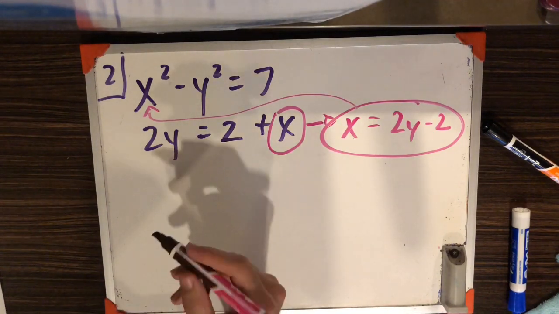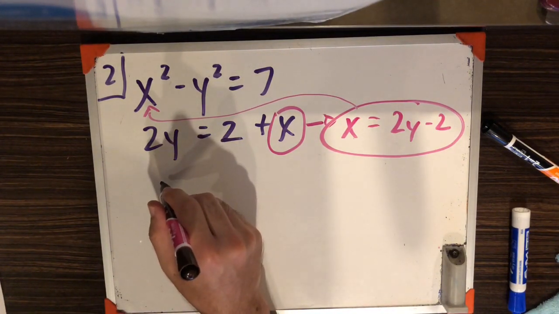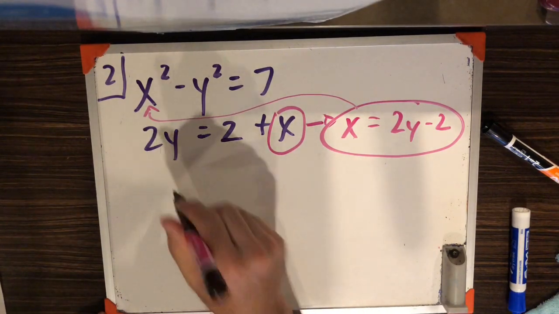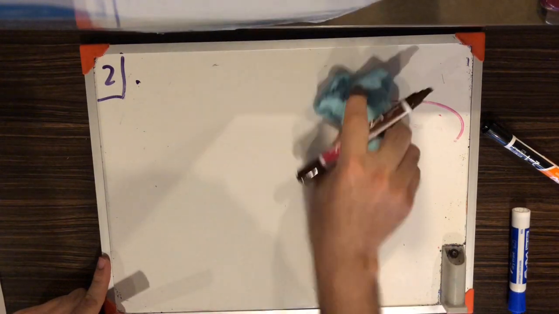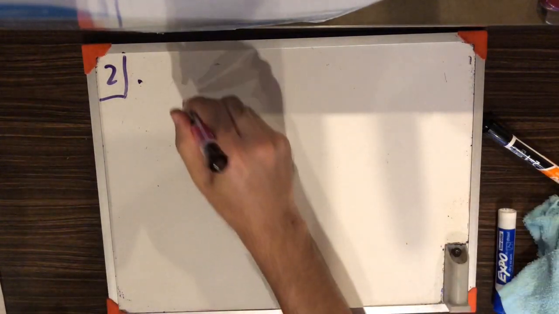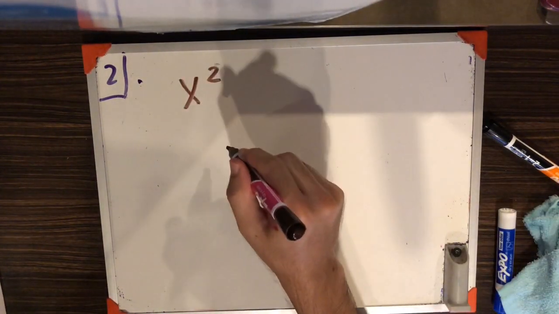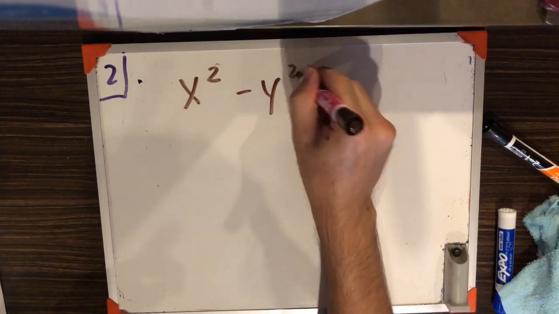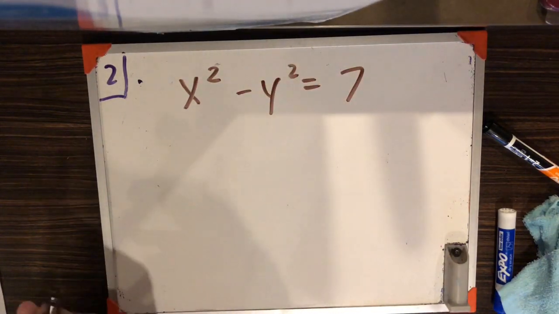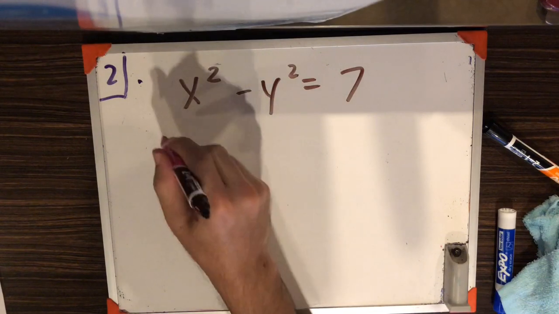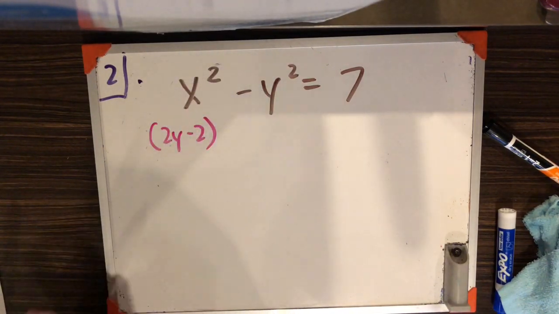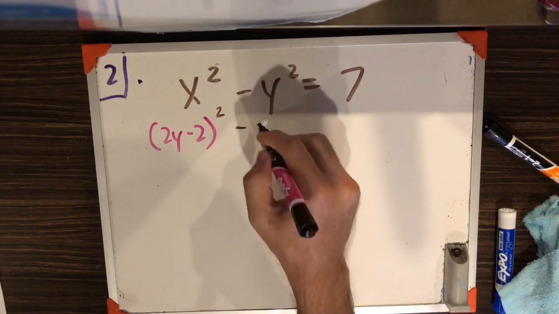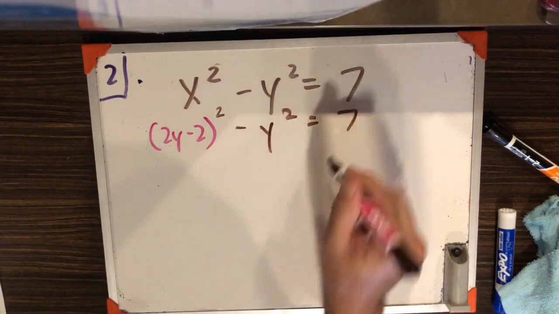So let's figure out what we have. We have x squared. We might need a bit more room here. Okay, we ended up getting 2y minus 2 for x. That's squared minus y squared is equal to 7.